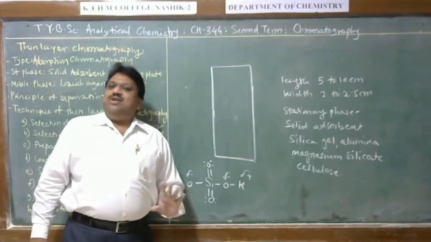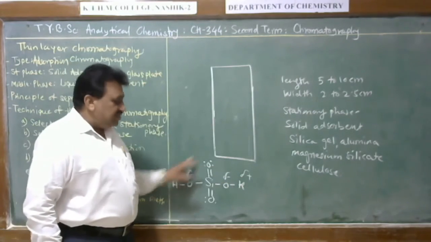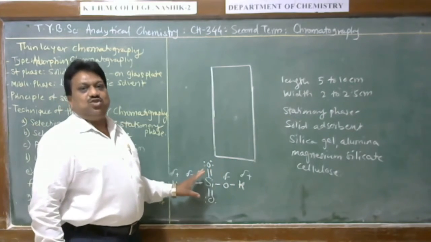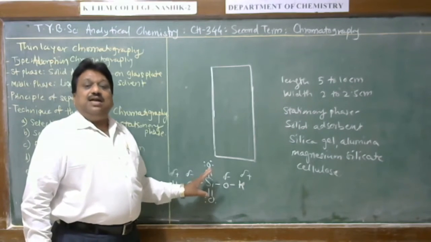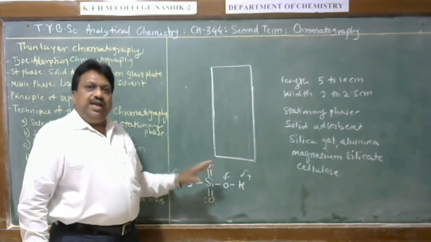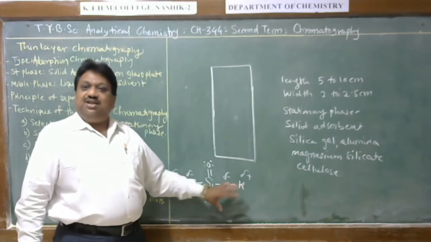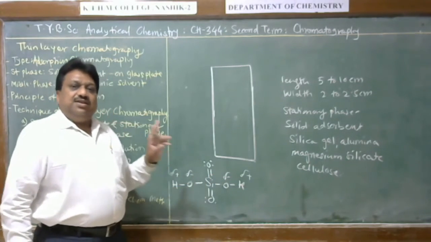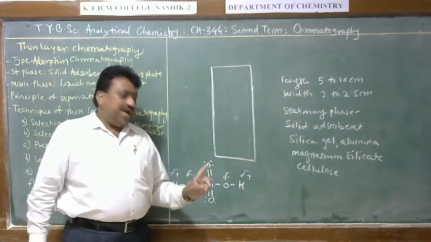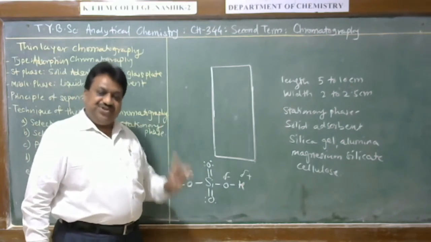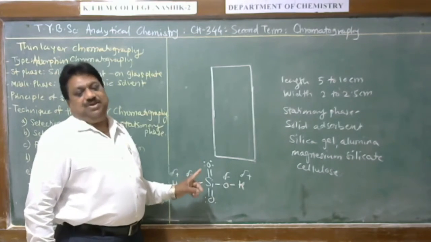In case of chromatography, only a material having such active sites is used as an adsorbent material or as a stationary phase. Any material cannot be used as a stationary phase in chromatography; the stationary phase has a specific functional role, and only then is it involved in the separation process.